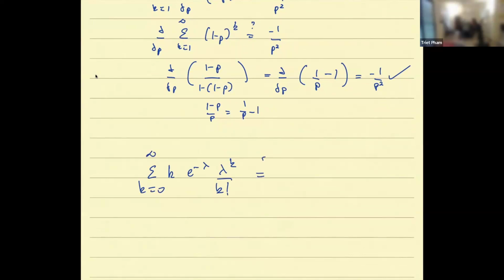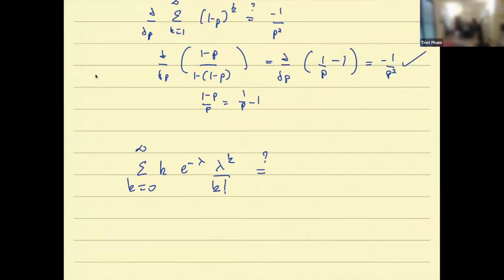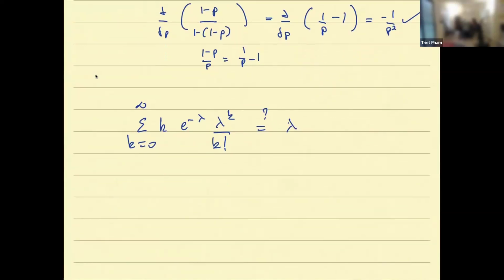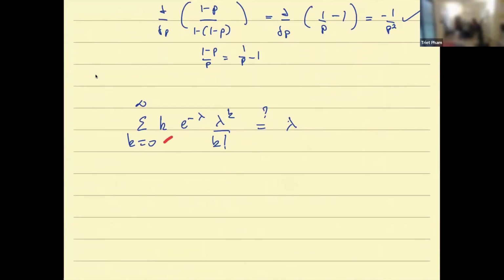And why would that be equal to lambda? Well, it's obvious that we want to cancel here. But notice k starting from 0 doesn't contribute to the sum. We can move the sum to start at 1. And it's clear that we want to match up the k minus 1 here, by pulling out lambda.